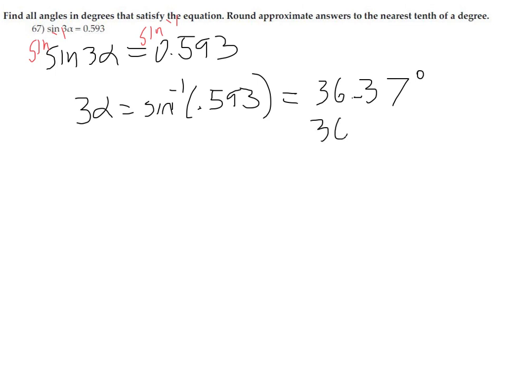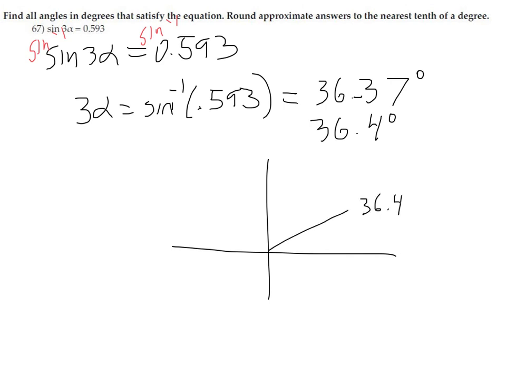So we're going to go with 36.4 degrees because of our to the nearest tenth. We have to continue on with this though because arcsine, the 36 degrees right here, where is sine 0.593? There's two spots. There's also one over here, and that's 180 minus 36.4, which is 143.6.